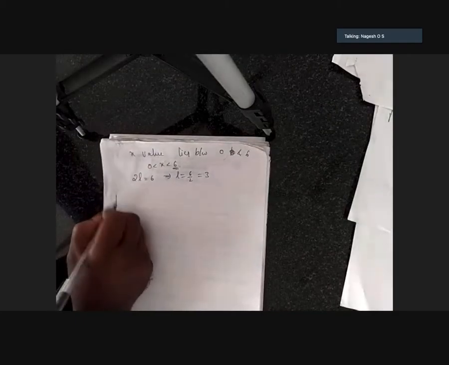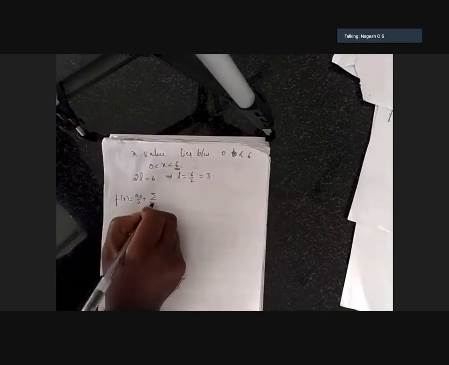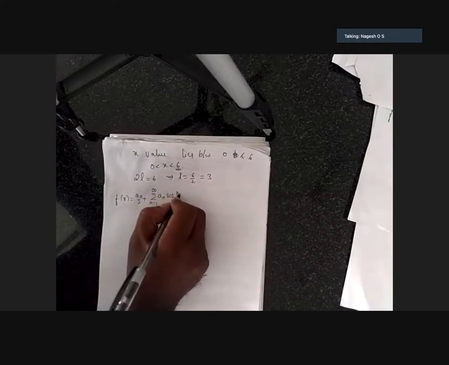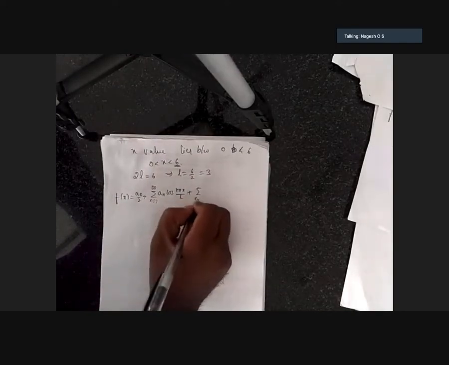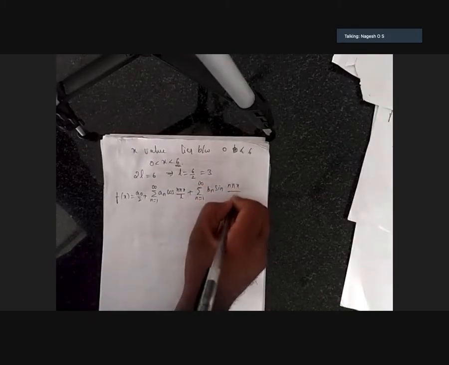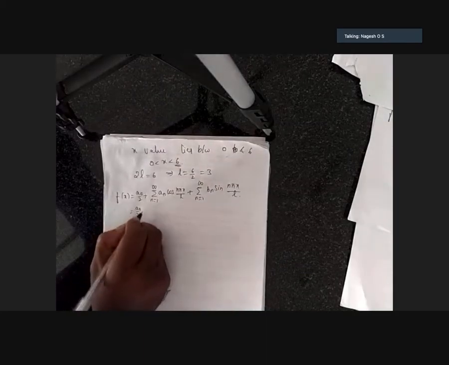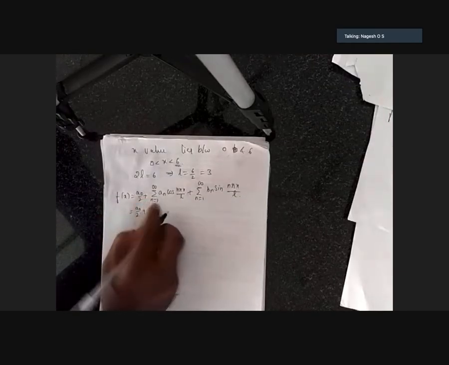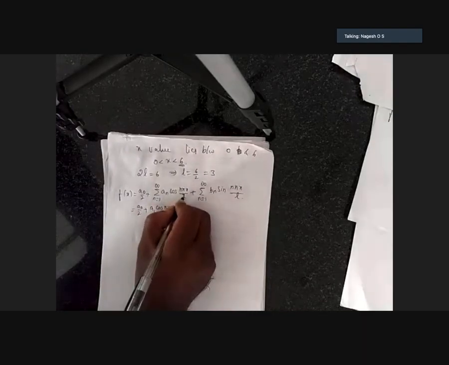Now, what is f of x? F of x is a naught by 2 plus summation n equal to 1 to infinity an cos n pi x by L plus summation n equal to 1 to infinity bn sin n pi x by L. Give values a naught by 2, first three harmonics, so give three values for n.